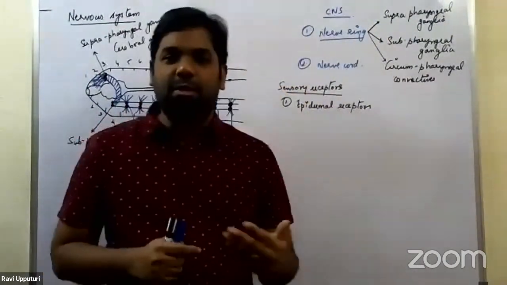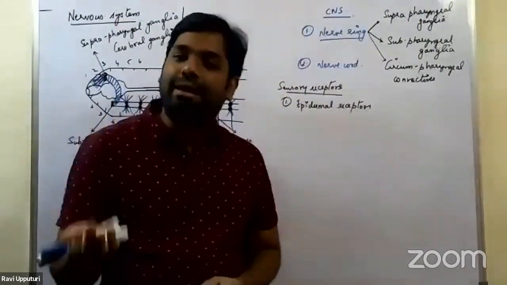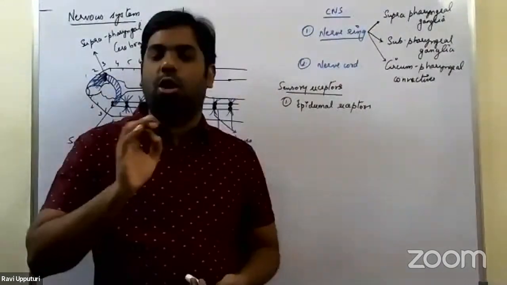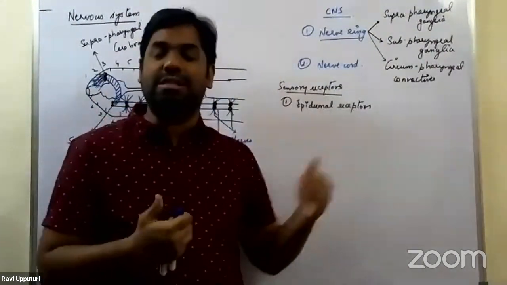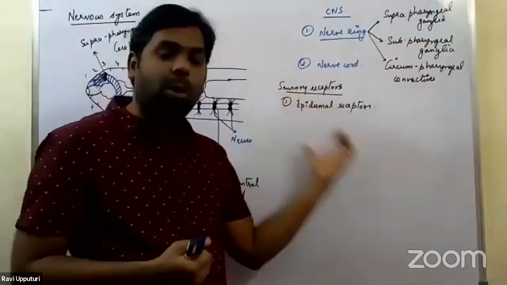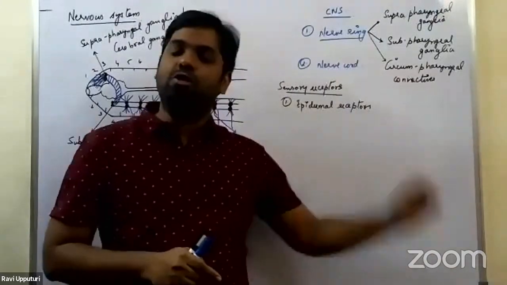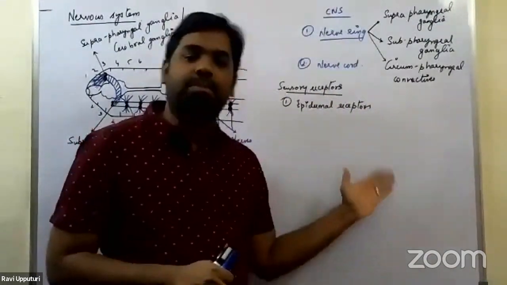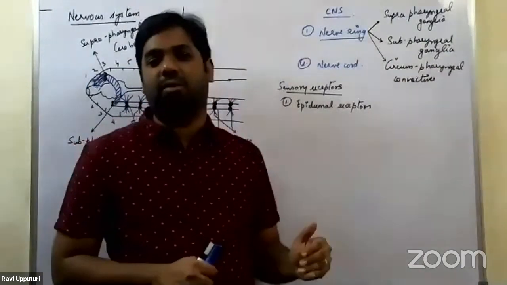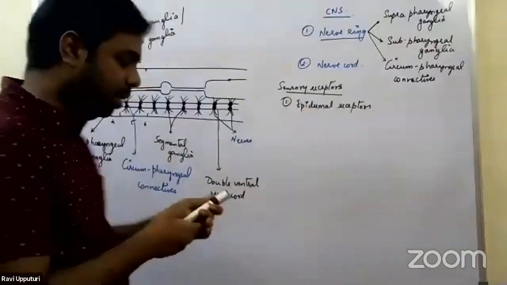So on the epidermis of the body, there are these receptors called tango receptors or tactile receptors, whose major role is to be sensitive to touch. They are mostly present on the lateral side and the ventral side of the body, most abundantly found on the lateral as well as the ventral side of the epidermis of this organism. So this is the first receptor that is present.